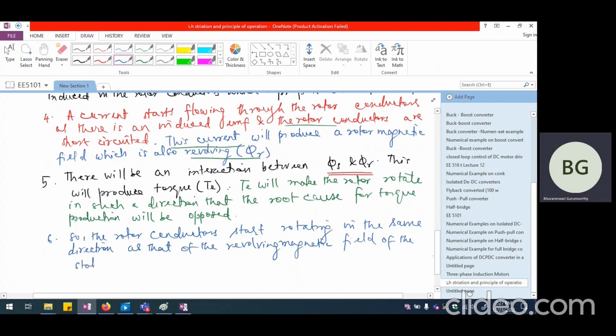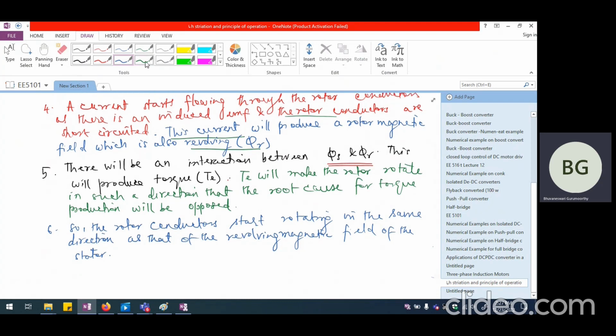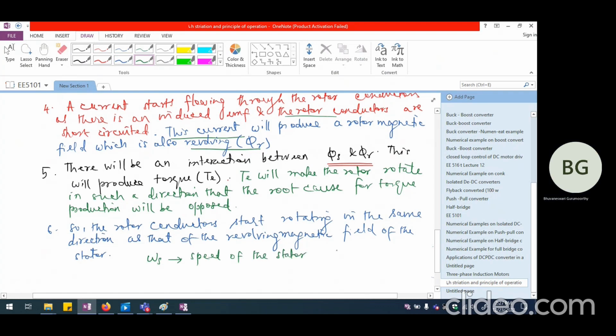So if the revolving magnetic field of the stator is rotating in anti-clockwise direction, then the rotor will also start rotating in anti-clockwise direction. So let us say omega s is the speed of the stator revolving magnetic field. Now, rotor will try to catch up such that omega r is equal to omega s. So this will be the goal for the rotor.